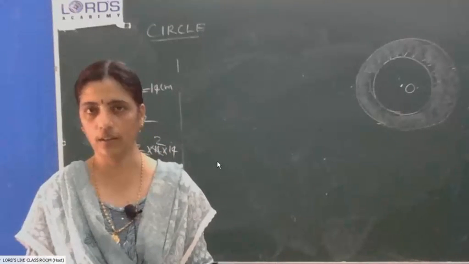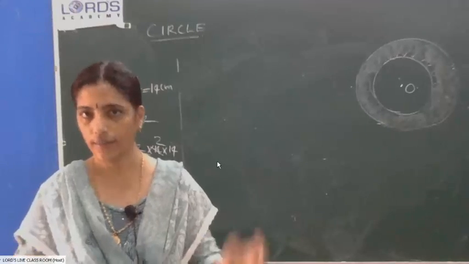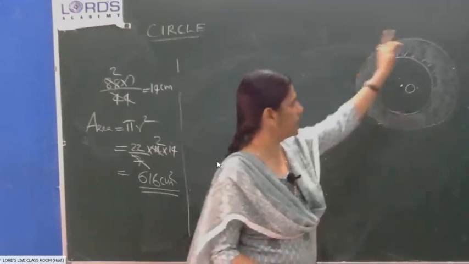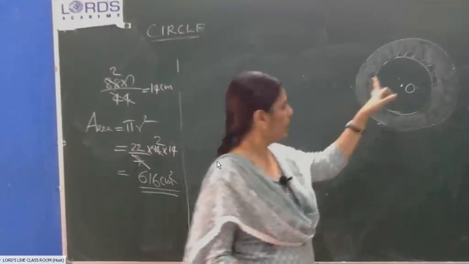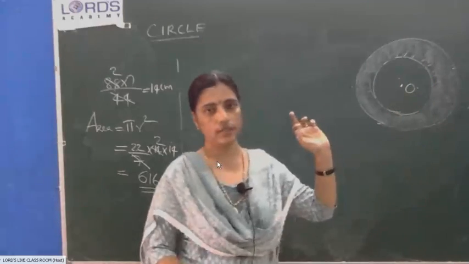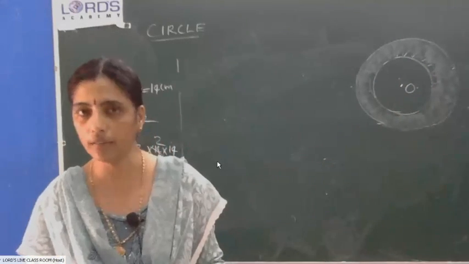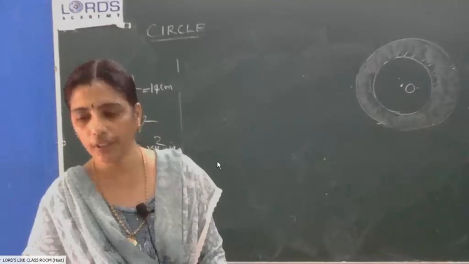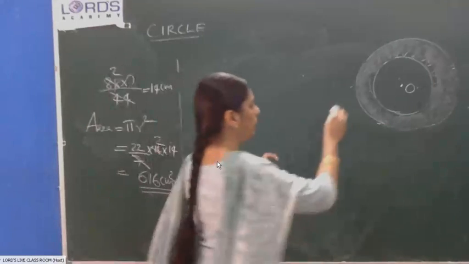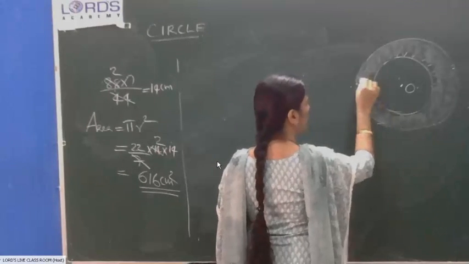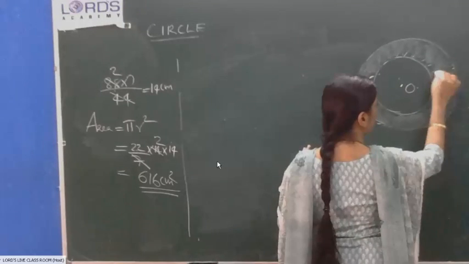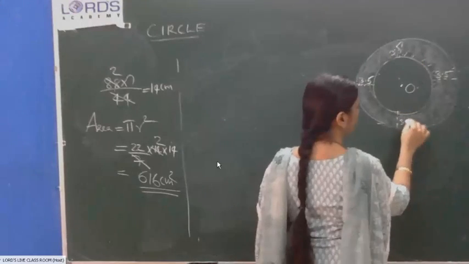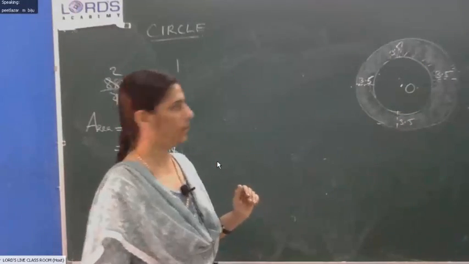In the given figure, inner circumference, inside circumference. This is the inner circumference. Inside also one circle is there. Outside also one circle is there. Inner circumference of the path is 176 meter, and uniform width of the path is 3.5 meter. Okay, you mark 3.5 meter anywhere you can.